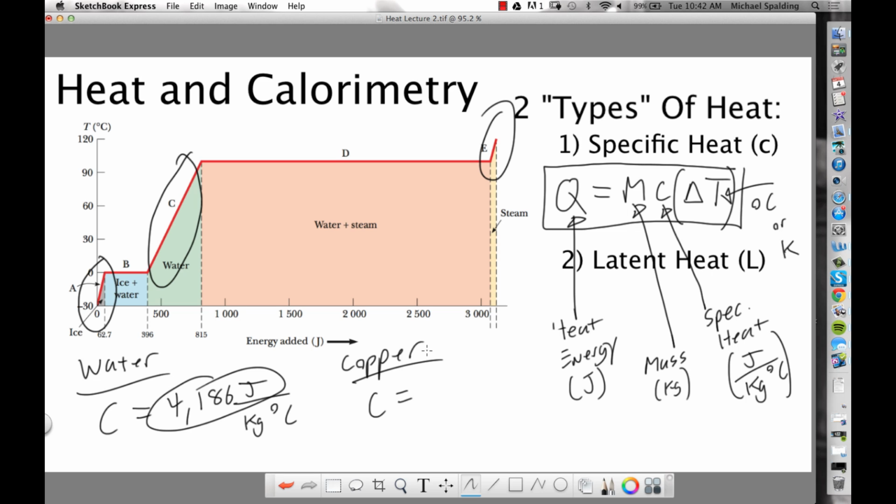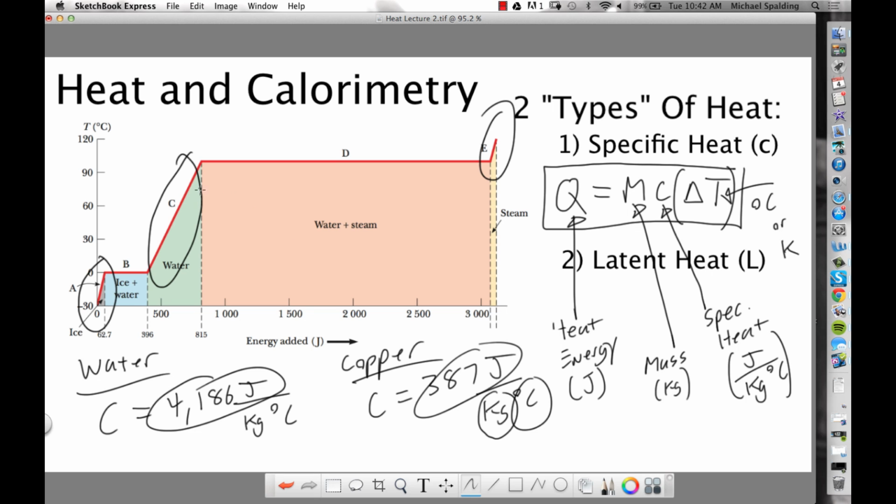Copper. Why do people like copper cookware? Because it heats up real easy, but it's very expensive. Copper has a specific heat of 387 joule per kilogram degree Celsius. So if you had 1 kilogram of copper and you change the temperature by 1 degree Celsius, it takes only 387. So the lower the specific heat, the easier the substance heats up.